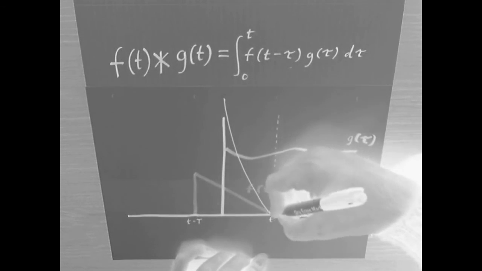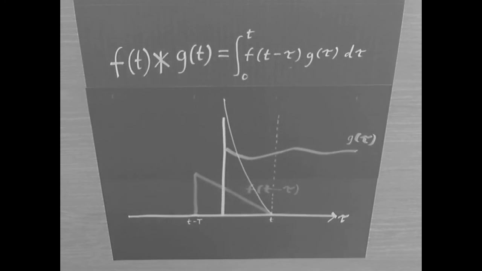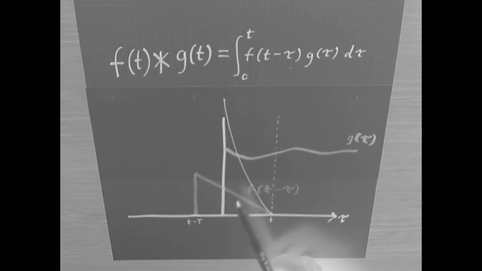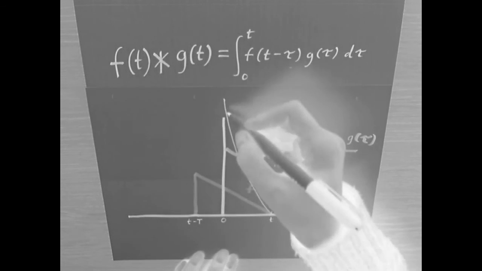And the curve will look something like this. So now to find the integral of these two functions, we take the area of this curve between tau is equal to 0 and tau is equal to t.